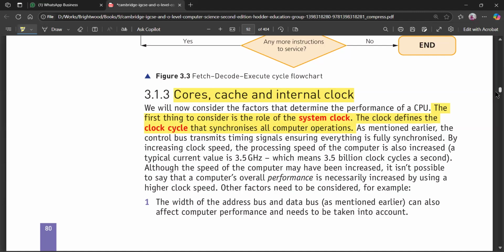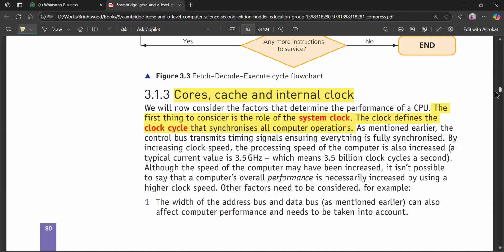As mentioned earlier, the control bus transmits timing signals ensuring everything is fully synchronized. By increasing the clock speed, the processing speed of the computer typically also increases. If a processor is 3.5 gigahertz, that means it has 3.5 billion clock cycles per second.